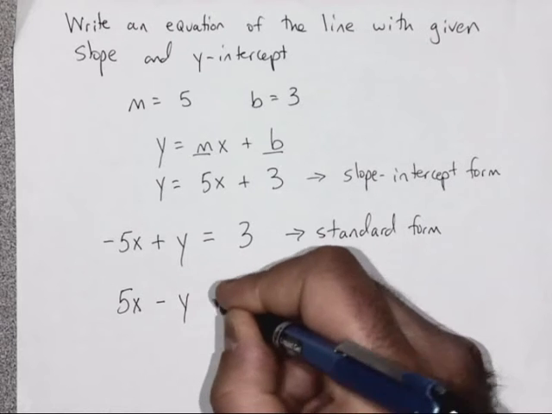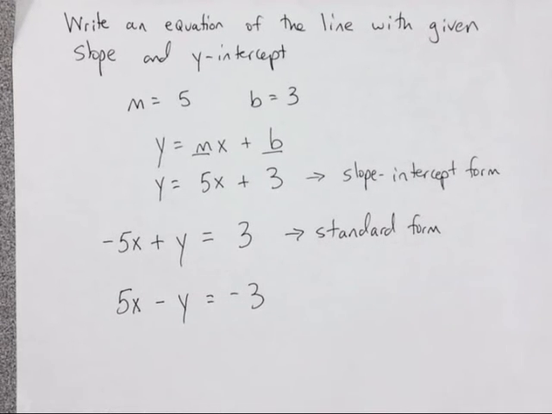And that keeps my equation balanced and would then have this leading coefficient positive. Like I said, I don't think you're going to have to worry about that with this textbook. Okay.